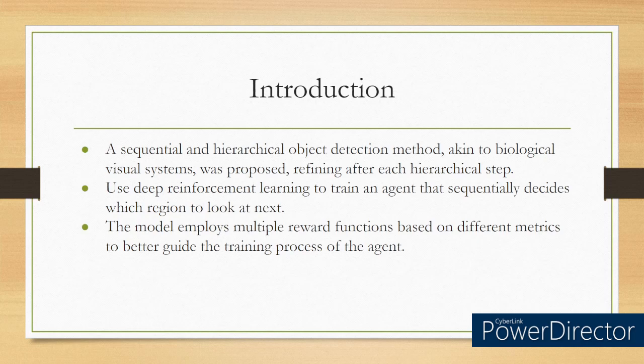The agent iteratively performs zooming and moving actions until it frames an object with a tightly fitting bounding box. Additionally, they employ multiple reward functions based on different metrics to better guide the training process of the agent, rather than relying on the intersection over union. These metrics evaluate and reward the quality of states.